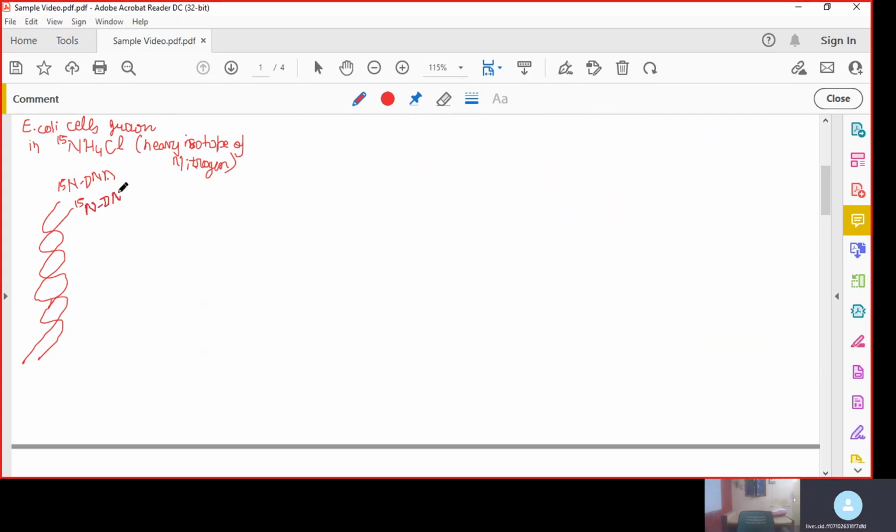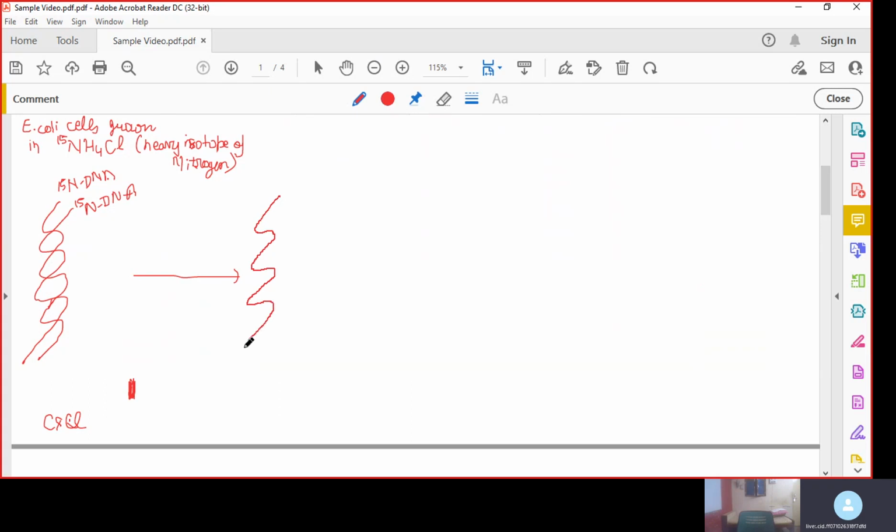They also centrifuged it against the density gradient of cesium chloride. I will draw these steps. I need you to pay attention to what I draw.